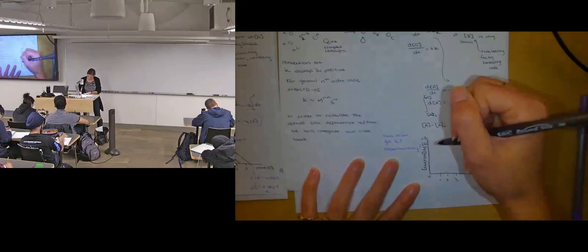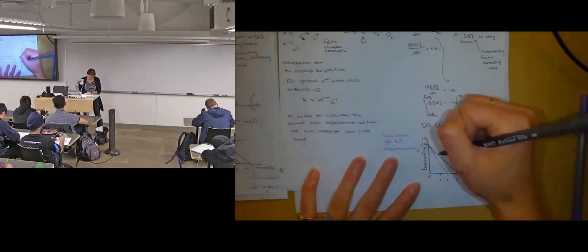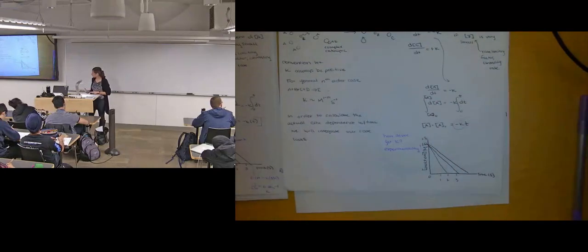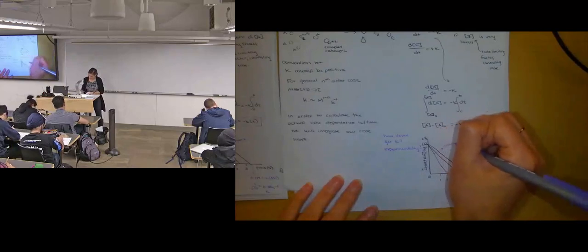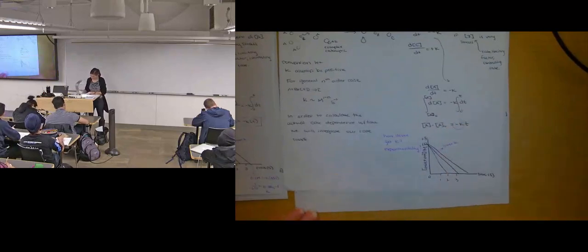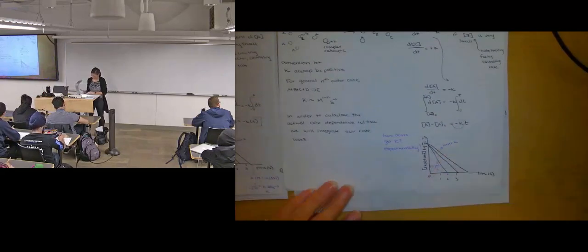So you could have all sorts of curves that look something like this. In this direction, we have lower values of our rate constant. So as we move in this direction, we have higher values of our rate constant.